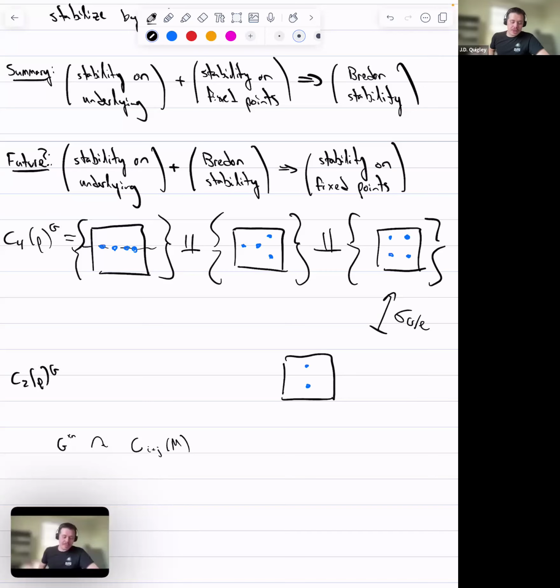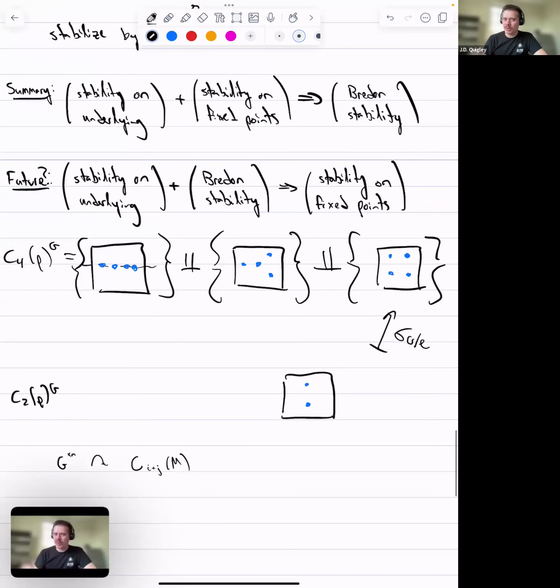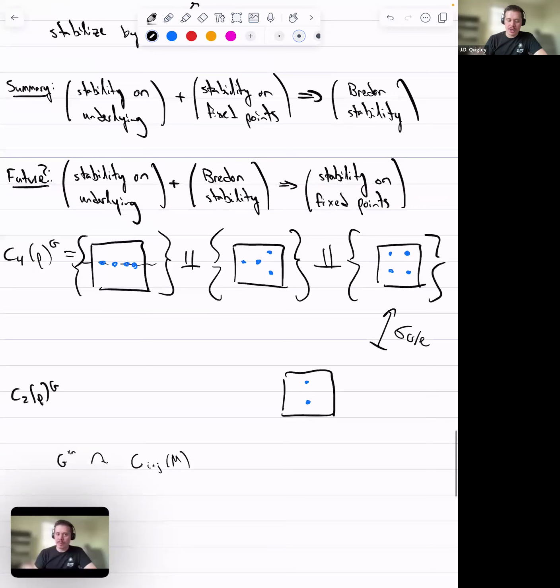That's a good question. So one thing I can say is that I think these configuration spaces that you're describing are studied in our paper, and also maybe in the work of Rourke and Sanderson.